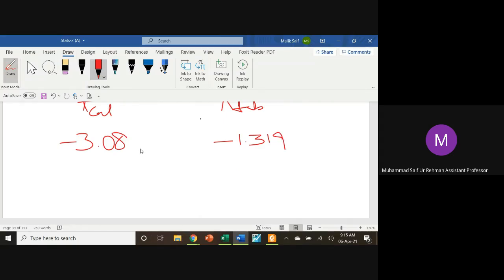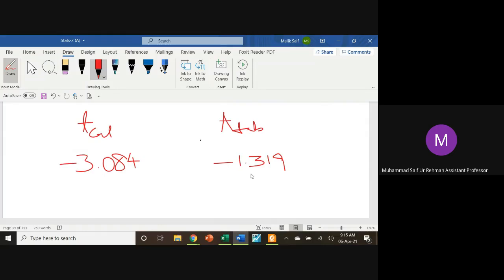It was minus 3.084, or whatever value was there, 3.085, no problem. Now you have to see which value is larger. Yes, of course, minus 1.319 is larger as compared to minus 3, because minus 3 will be far away from 0 as compared to minus 1.3. So this value is larger.